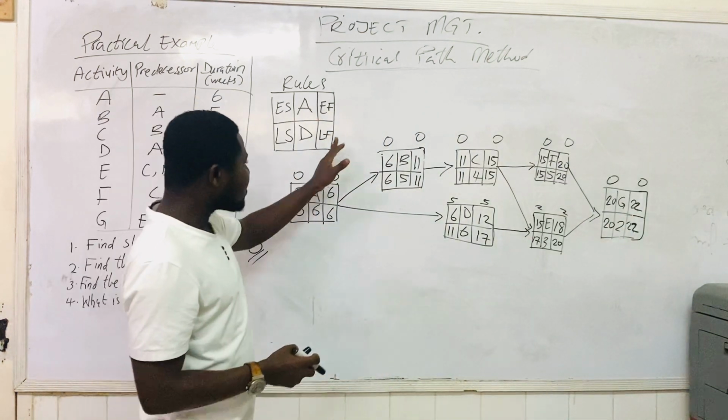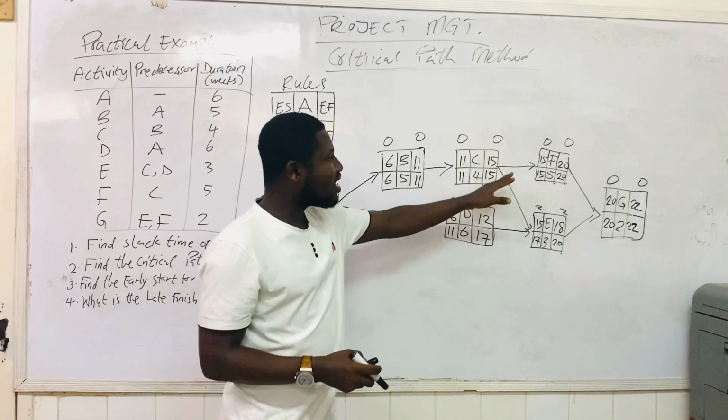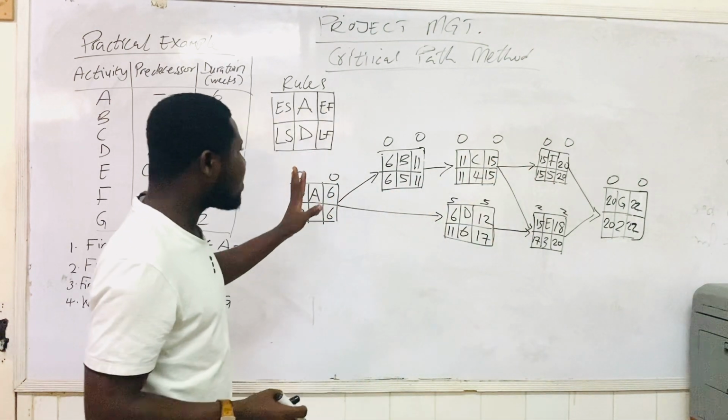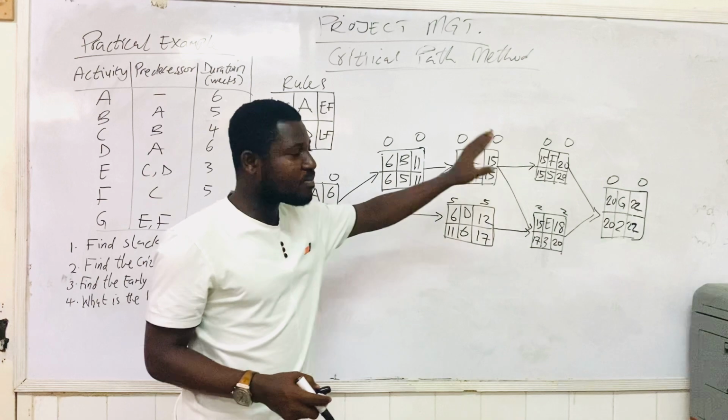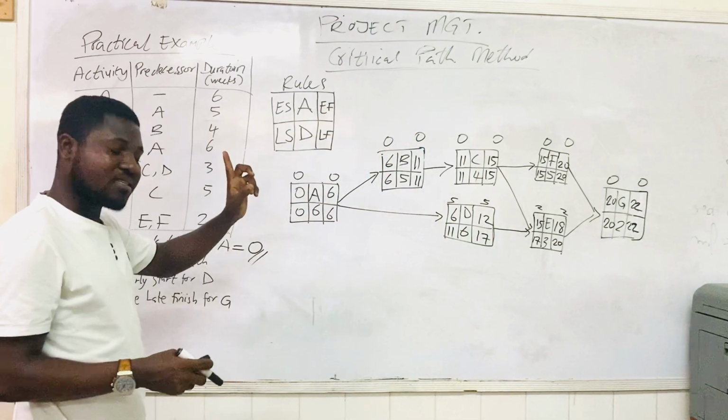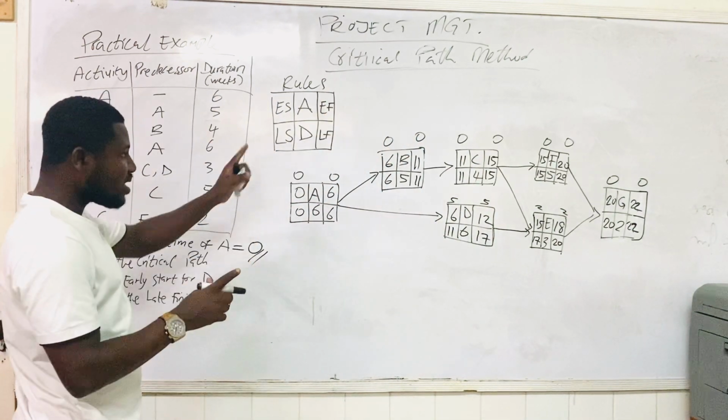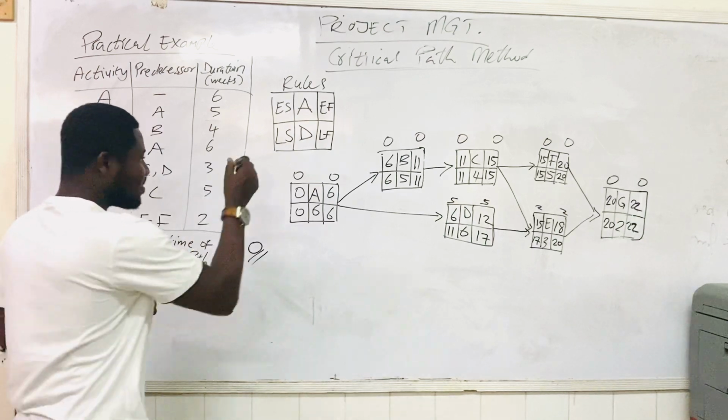And so these are our slack activities. All the activities with 0 on them are our slack activities. But before they become a slack path, you have to join them.